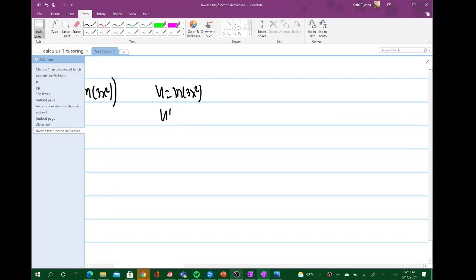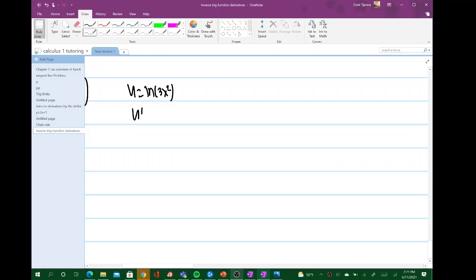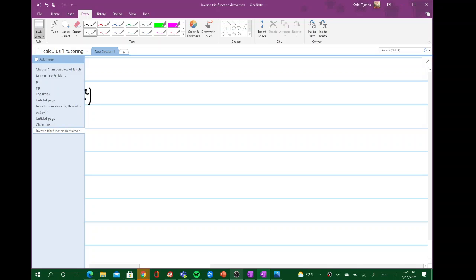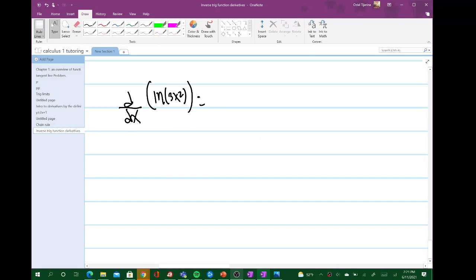Now u prime. Remember that, for example, if I want to take the derivative of the natural log of 3x squared, u is equal to 3x squared, and u prime is going to be 6x.